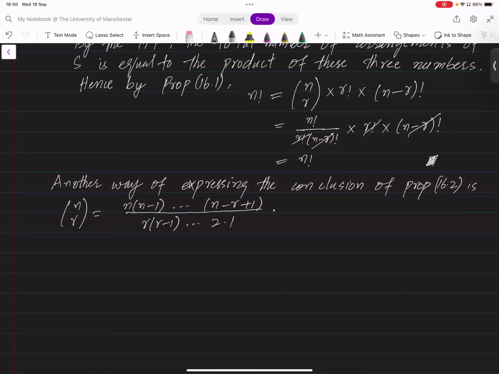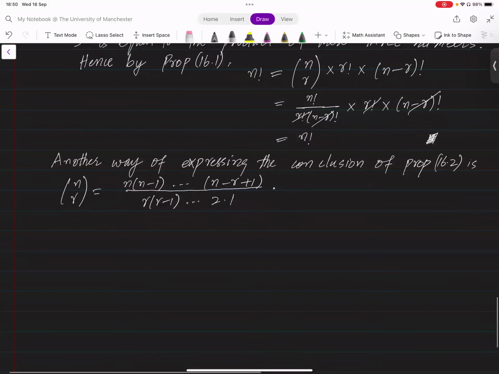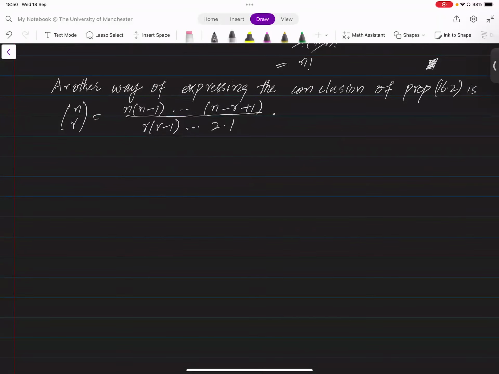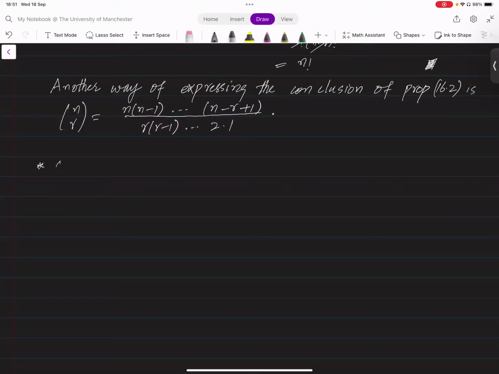Okay, there are some useful particular cases of this r.